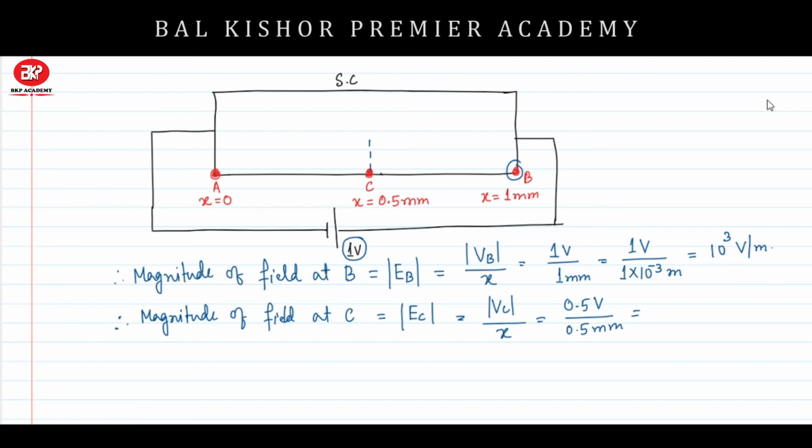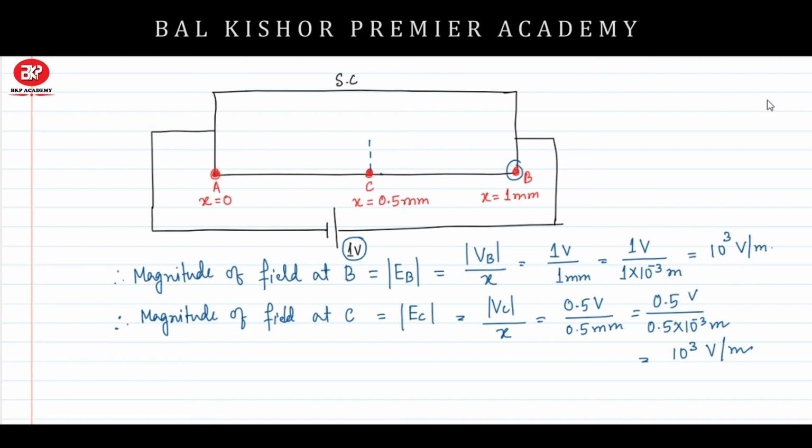So it will be 0.5 divided by 0.5 into 10 to the power minus 3 meter, which comes out as 10 to the power 3 volt per meter.